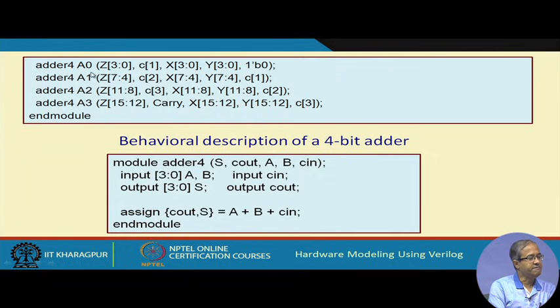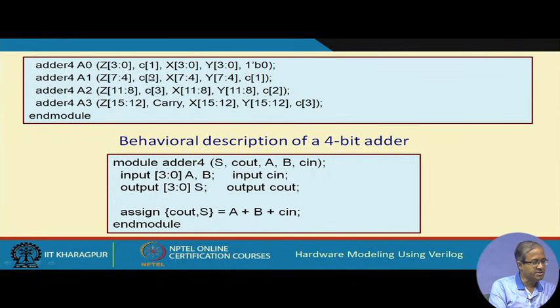Here for the first adder, the inputs are x 0 to 3 and y 0 to 3. For the second adder, the inputs are x 4 to 7, y 4 to 7, next one 8 to 11 and last one 12 to 15. Okay. So, for the first adder the carry in is 0, for the first adder carry out is C1, for the second adder this C1 is the carry in.